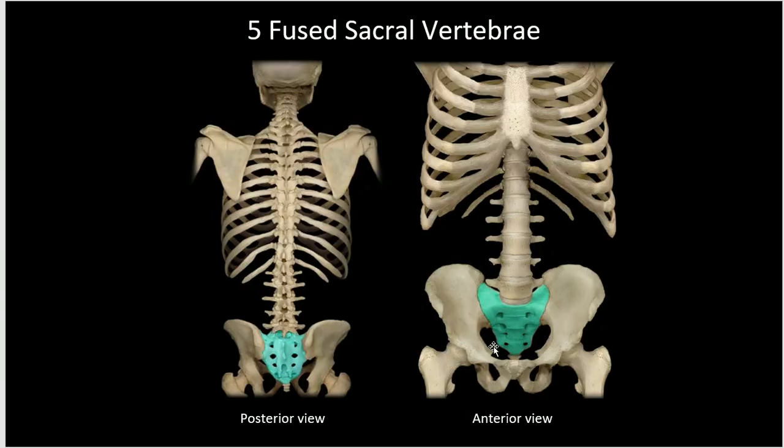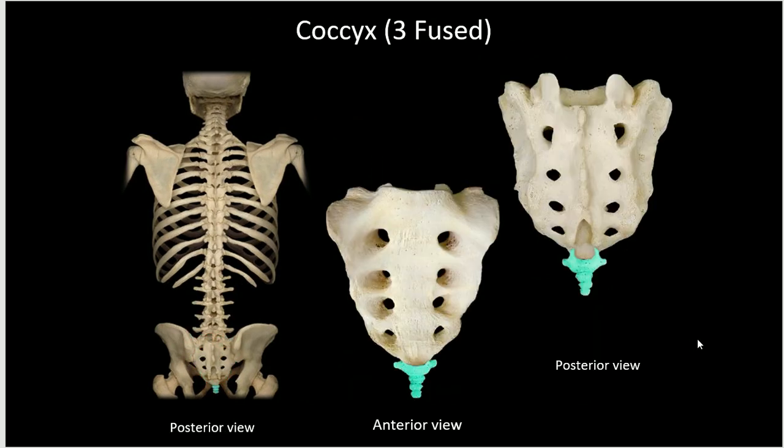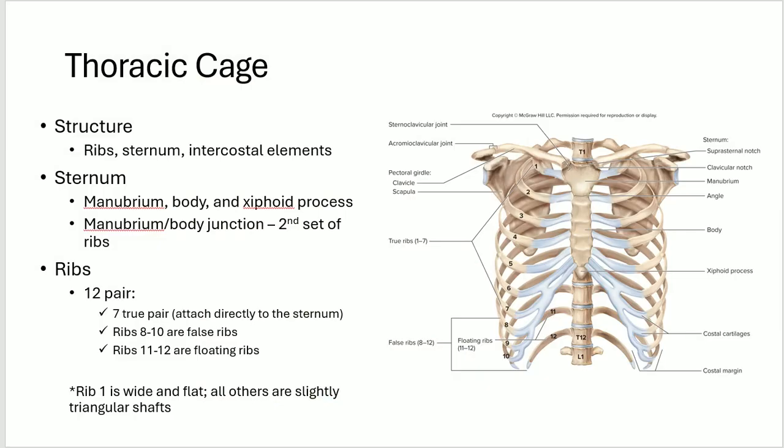So that's the sacrum right there. And here are our foramina, our holes that let our nerve endings through. So sacral foramina there, those are the holes. And then our 3 fused coccyx right there, the tailbone. The coccyx is the tailbone. 3 to 5, but we're going to remember as 3 fused. Okay.